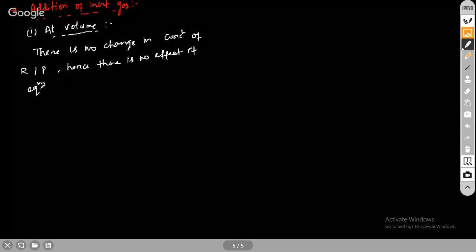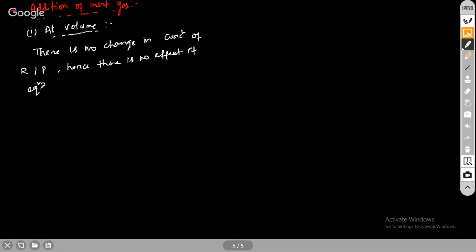So when you add an inert gas at constant volume, that will not change the equilibrium condition.